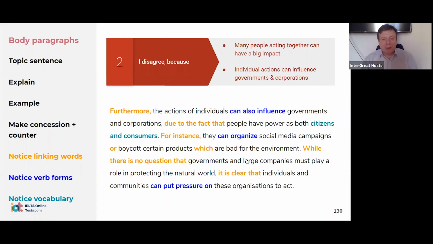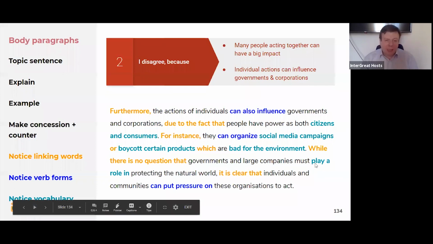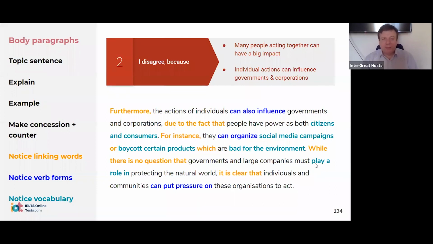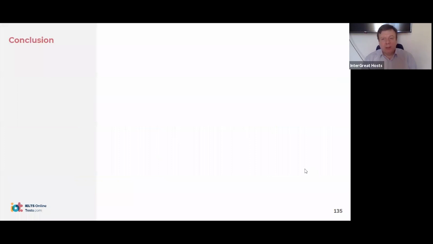And then vocabulary: boycott certain products, a good phrase. Bad for the environment. Play a role. So again, collocations: boycott products, play a role. Right, conclusion. So we'll summarize.